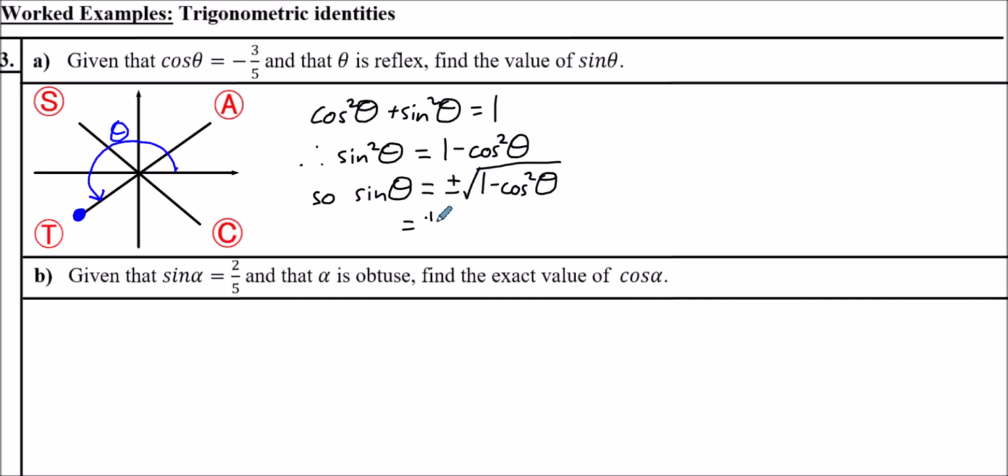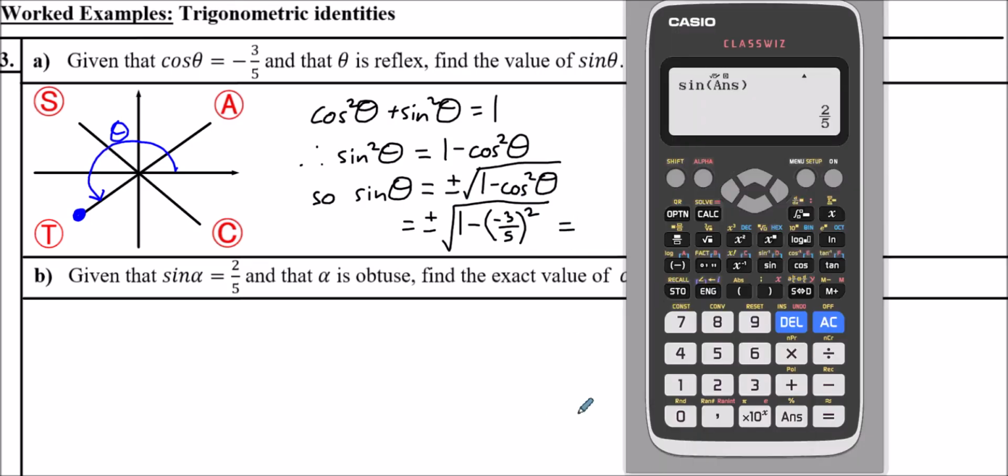So cos squared theta, well, we're told that cos theta is minus 3/5, so plus or minus the square root of 1 minus 3/5 all squared. So you can try this in your calculator exactly as it appears. Obviously, if you're doing minus 3/5 all squared, that'll come out to be positive.